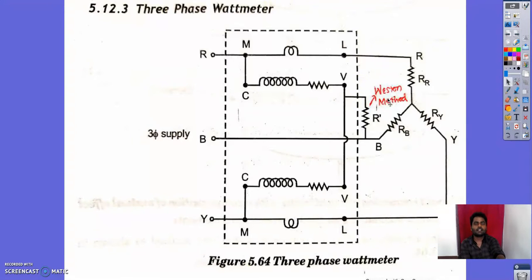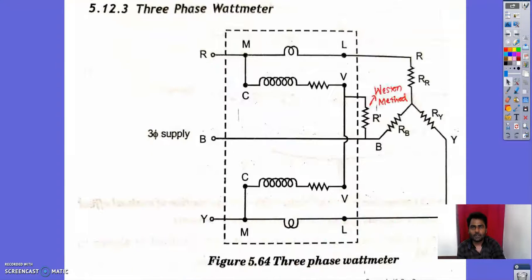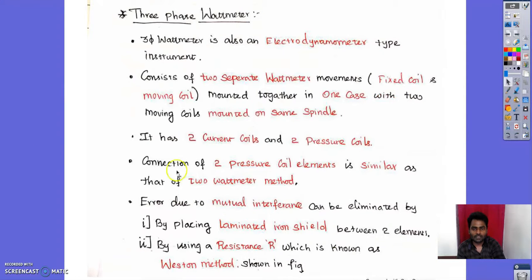This method of connecting resistance is termed as Weston method, and this might look similar to your 2 wattmeter method, but the common point is not connected. Common point of your pressure coil is not connected to the third phase. That is the only difference between 2 wattmeter method and 3-phase wattmeter method. Otherwise your power consumed will be similar.